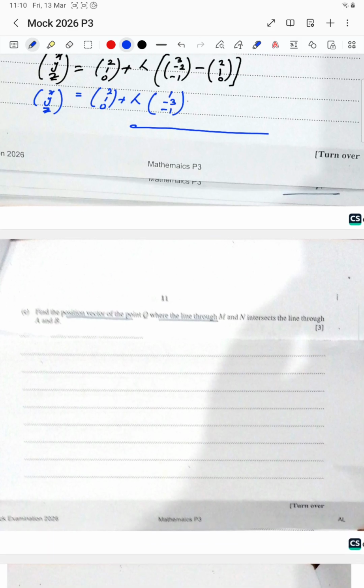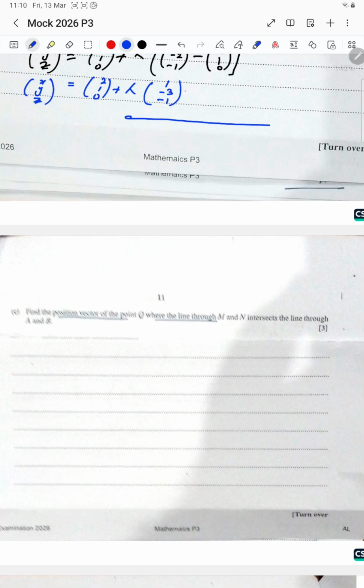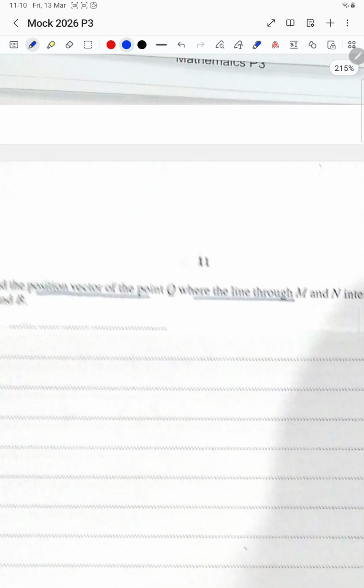It's given to find the position vector of the point Q where the line MN intersects the line AB. The image is a little blurred, but I'm going to read it for you.